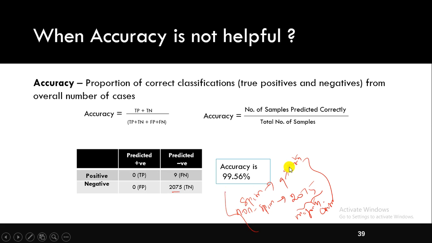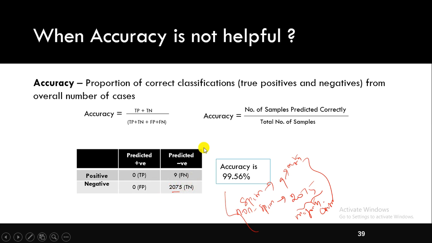So in this case, if you use accuracy, it will mislead you. There are 2075 patterns that are non-spam and only 9 patterns that are spam. So the classifier is easily biased towards the non-spam class.